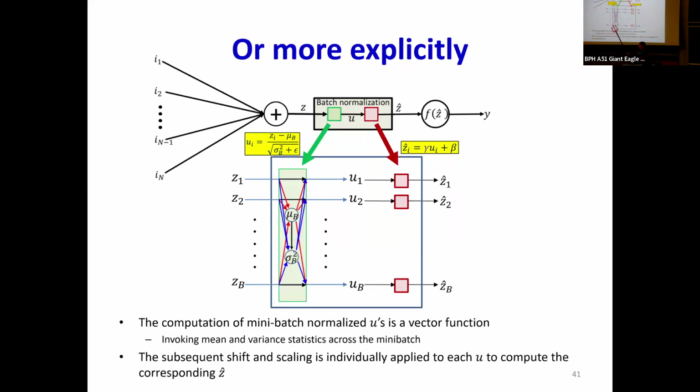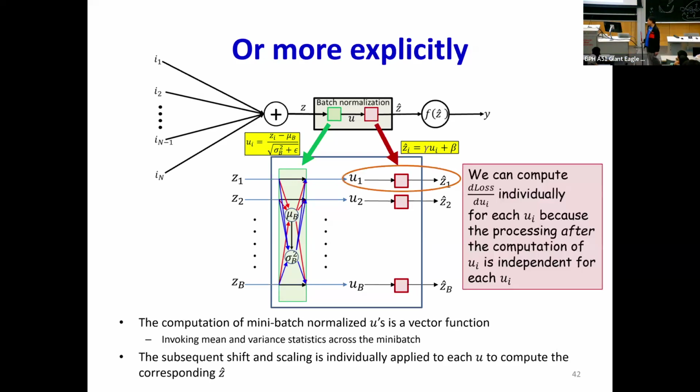Every instance and the mean are used to compute the variance, and the mean and the variance are used to normalize every one of the u's when you perform the first step of standardization. And this adds complexity to the derivatives. So, of course, when you're propagating backwards, this is easy. Propagating all the way till, say, this place is going to be easy, right? The adjusted location. That's just a standard backprop.